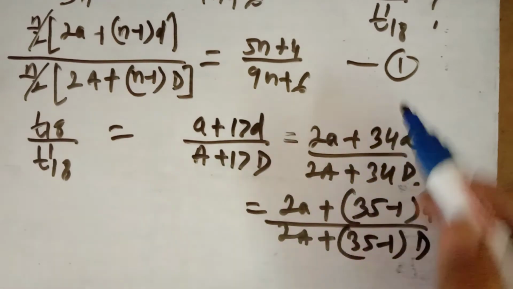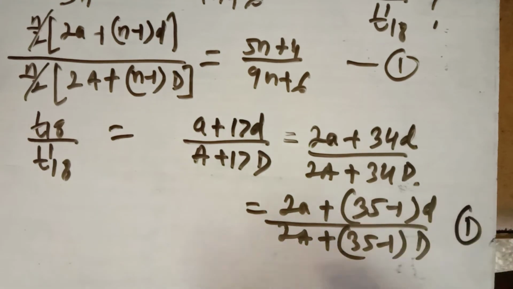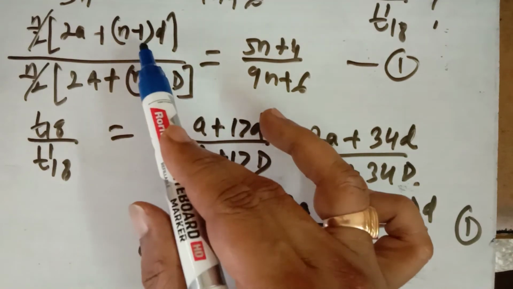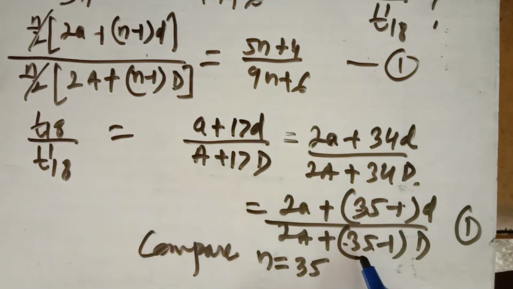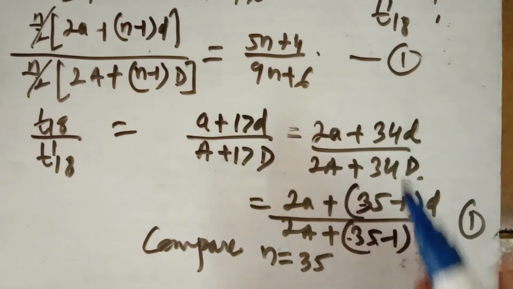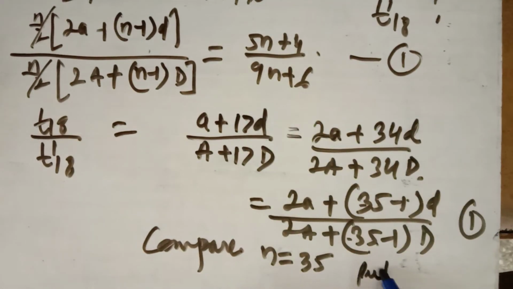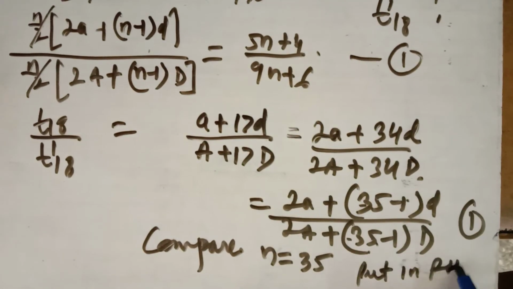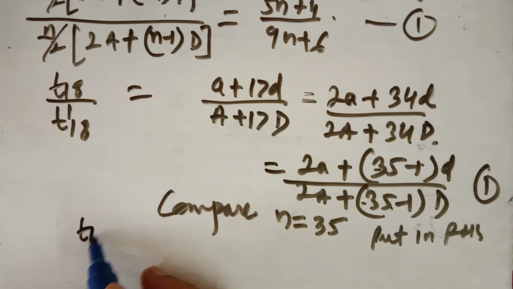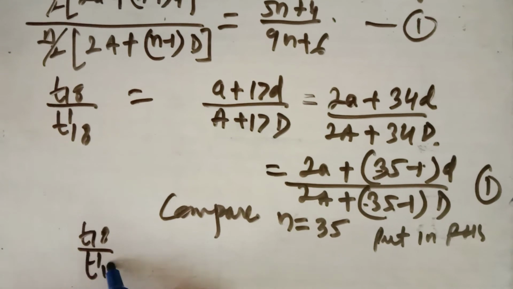So if you compare the first and second, n is coming out to be 35. अगर आप इसको compare करें n-1 तो इससे compare करें तो n is coming out to be 35. Now put the value of n equal to 35 in the right hand side, and you'll get the ratio of the 18th terms.